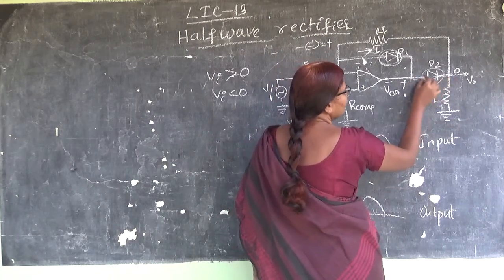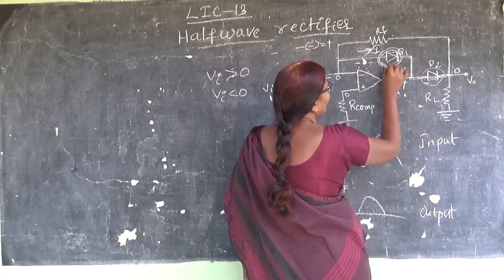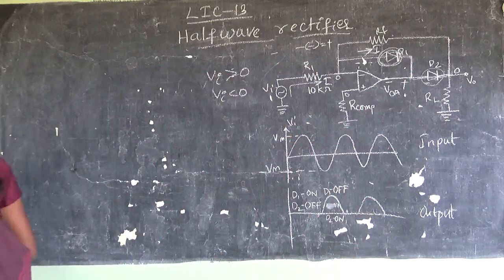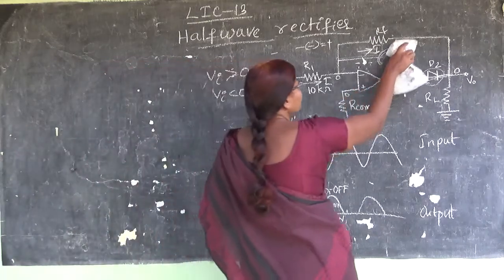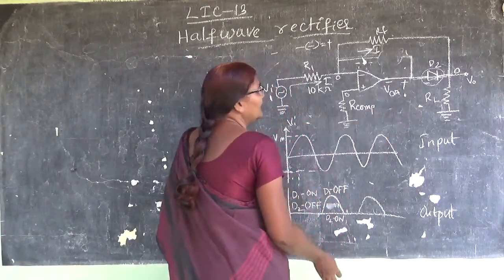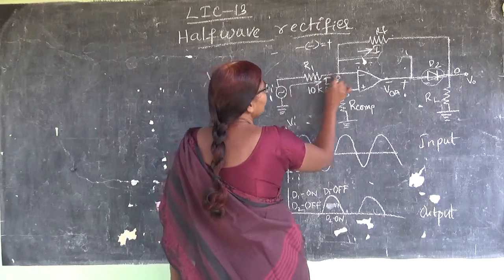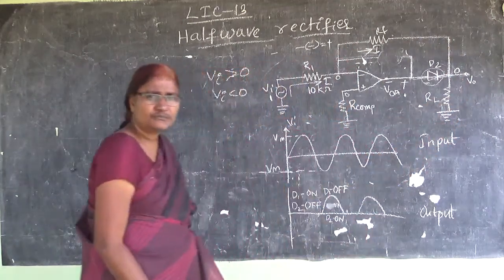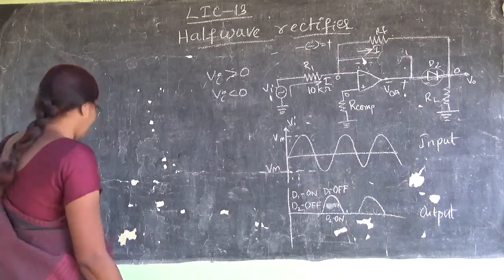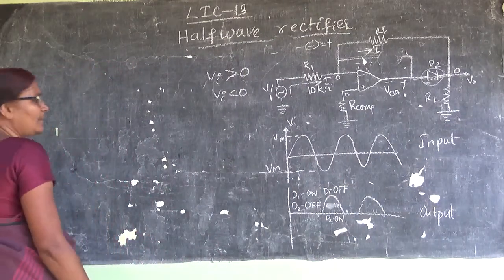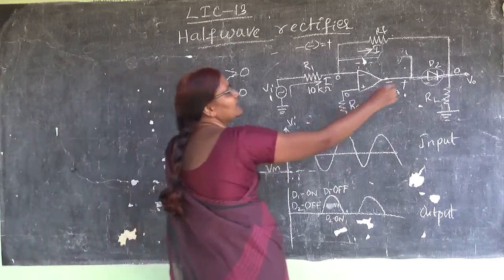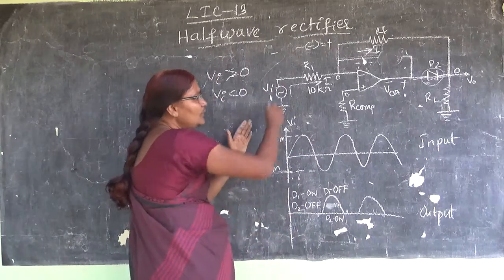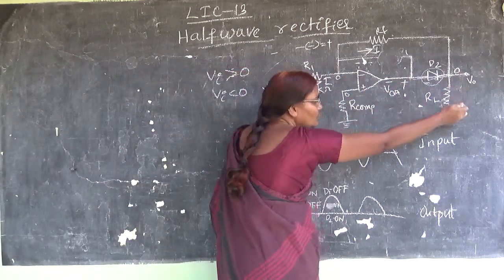Then this becomes a short circuit, and this gets opened. When this is opened, this circuit will act as a normal inverting op amp. Normal inverting op amp, and you will get some output at this point. So which output will you get? You will get positive output only.